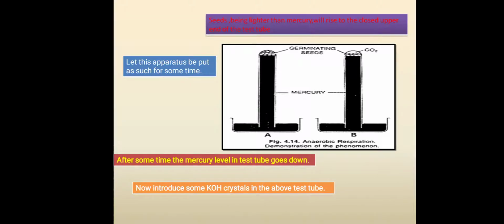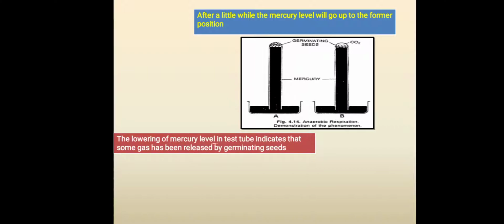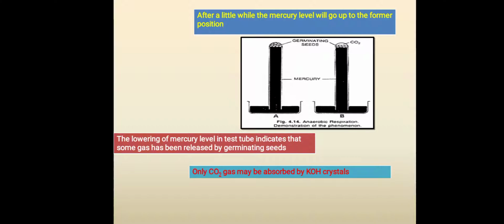Now introduce some potassium hydroxide crystals in the above test tube. After a while, the mercury level will go up to the former position. The lowering of mercury level in the test tube indicates that gas has been released by germinating seeds.